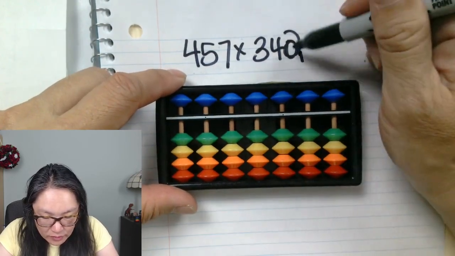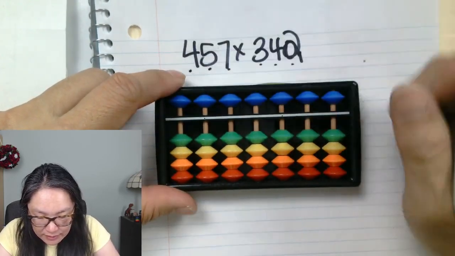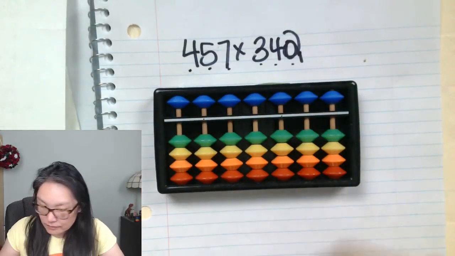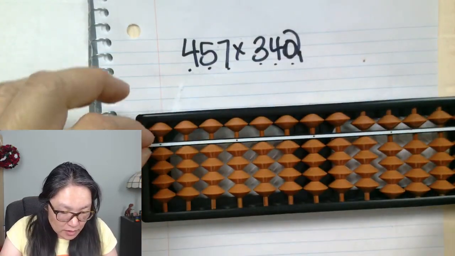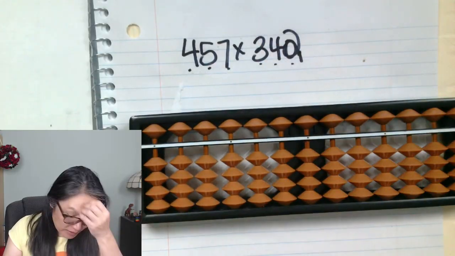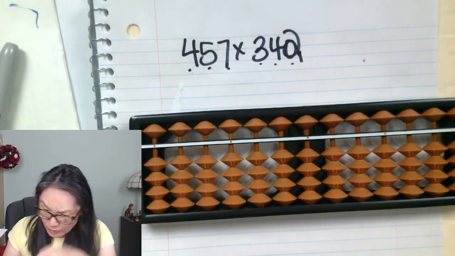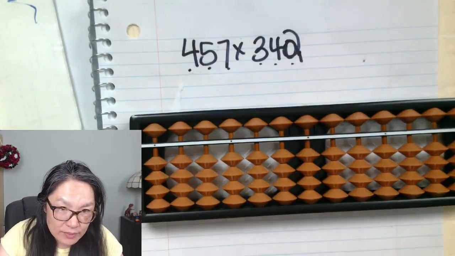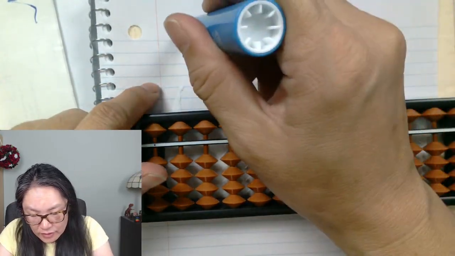Well, I notice 1, 2, 3, 4, 5, 6. 1, 2, 3, 4, 5. Okay, I gotta change. Why am I doing this? Well, to show the difference between new math and abacus. So in new math, you do the same thing, right? You go left.